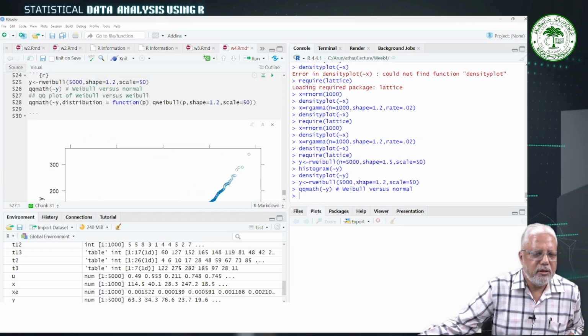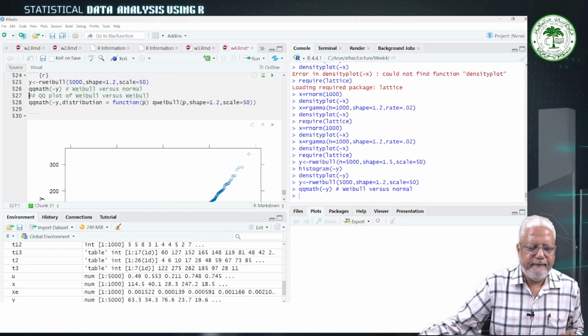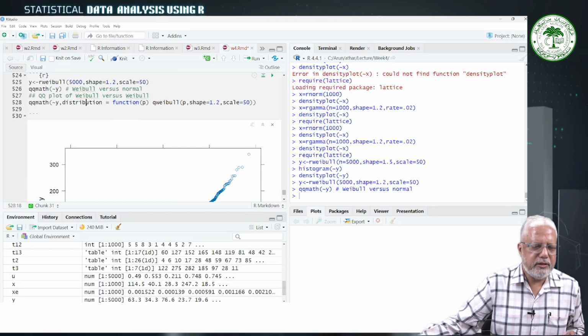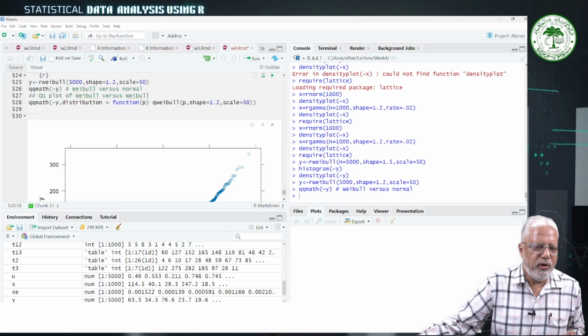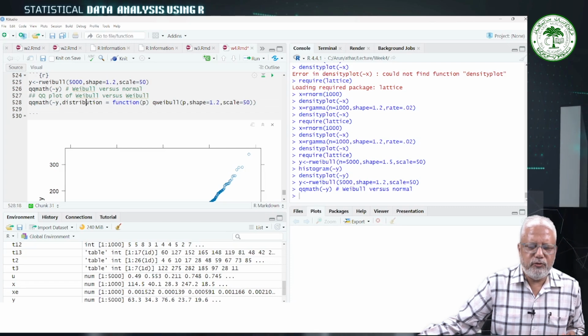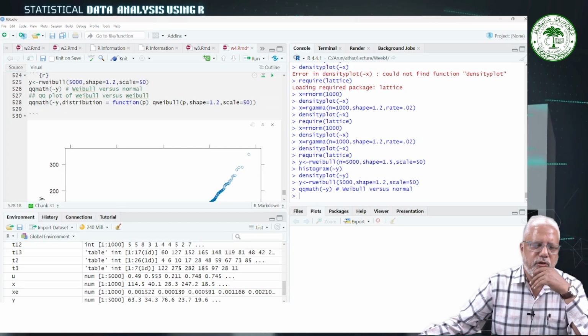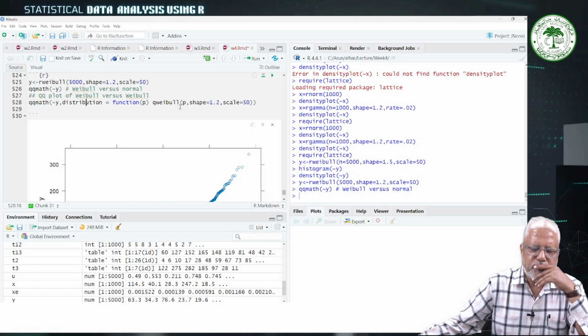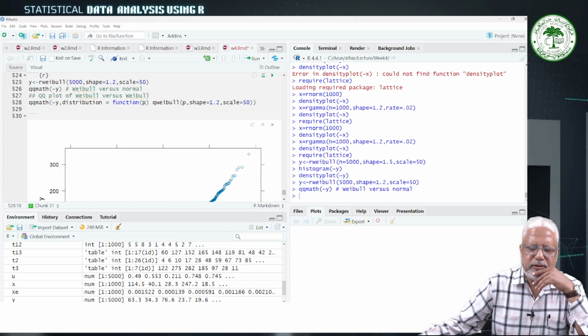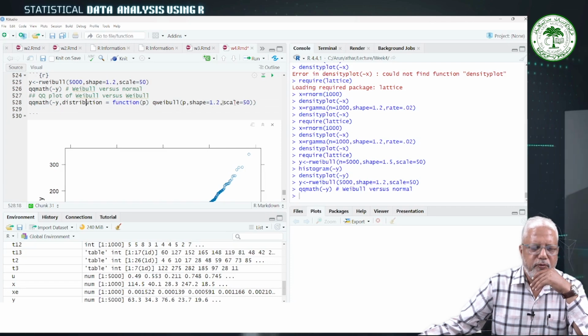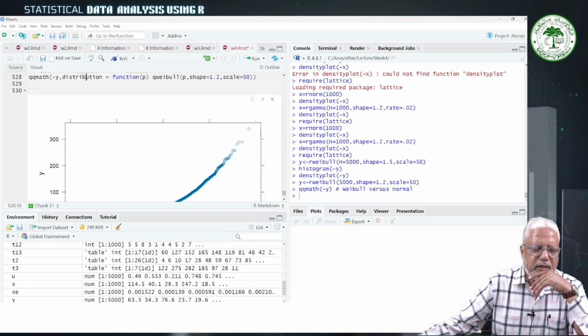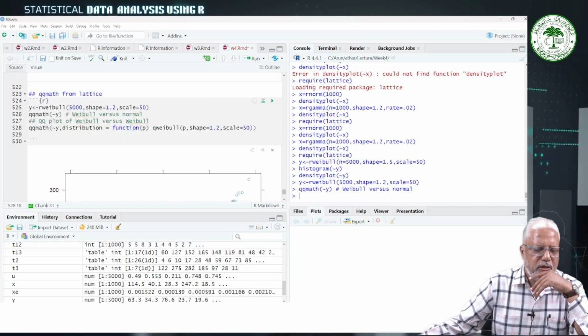If we write qqmath y tilde with distribution, here we can define a distribution. qqmath has the facility. Distribution is equal to a function of p, qweibull, the quantiles of Weibull, and then shape equal to 1.2 and scale equal to 50. So on the x axis we are defining the same reference distribution from which the data is being simulated.